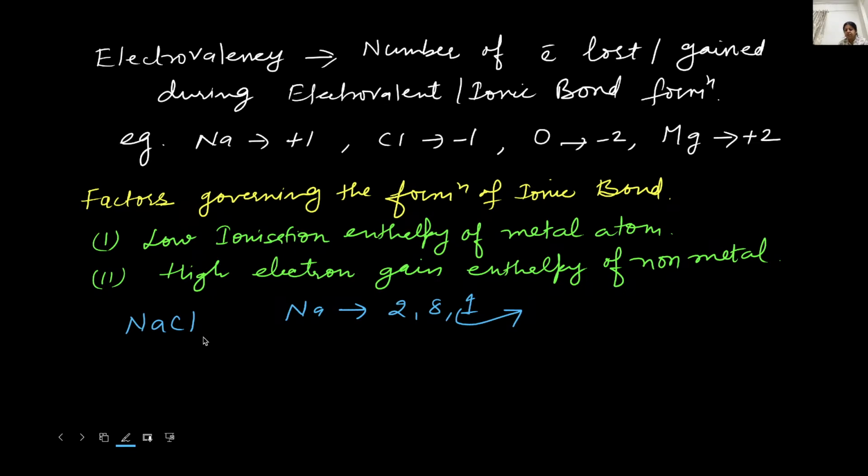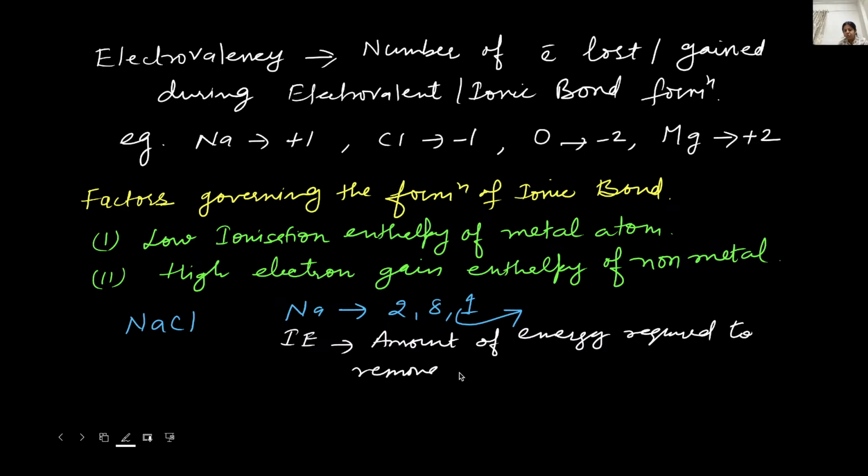ionization energy. So what we have understood here is that ionization energy is the amount of energy required to remove the most loosely bound electron from an isolated gaseous atom.